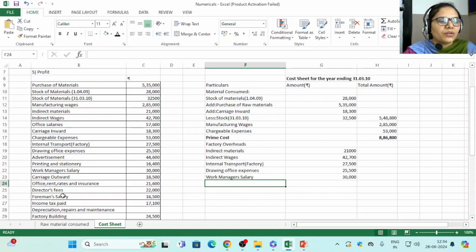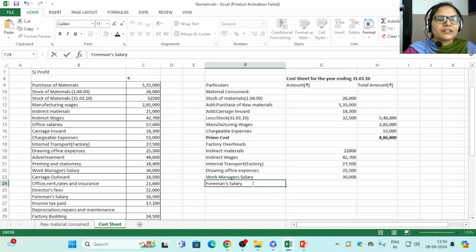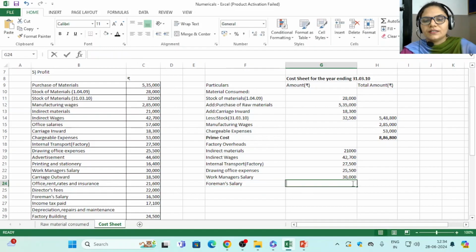Next is your foreman salary. It is again paid to the people who are working in the factory, so definitely we are going to show them in the factory overheads. It is 16,500.